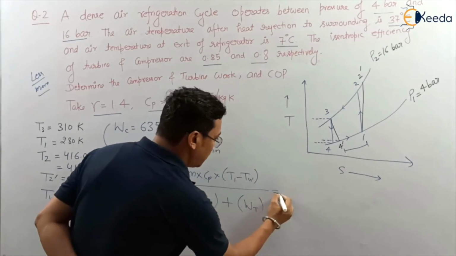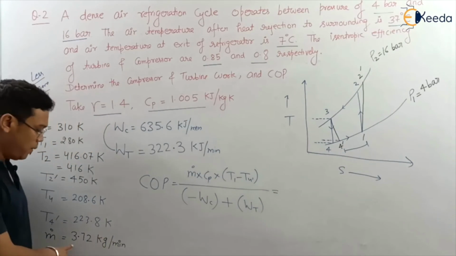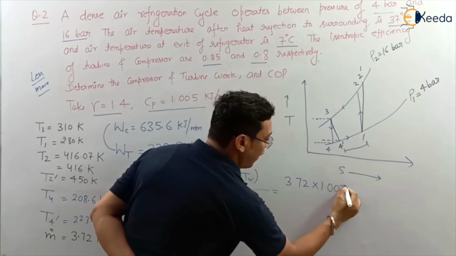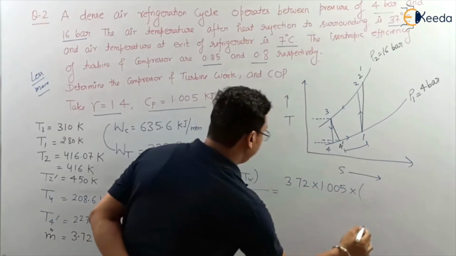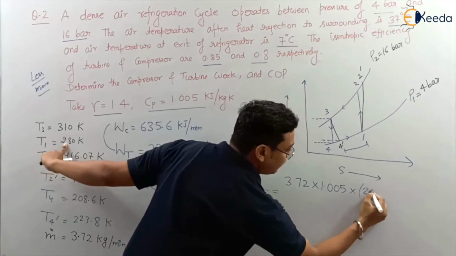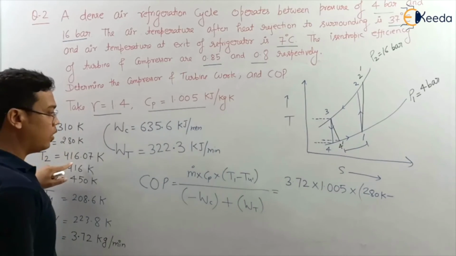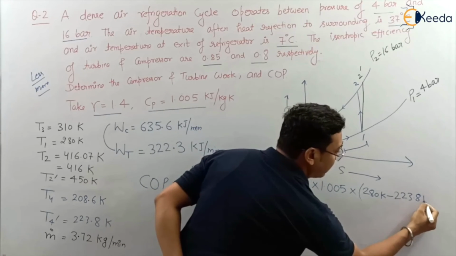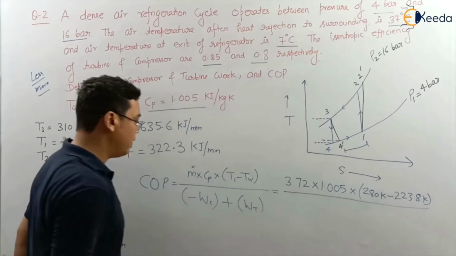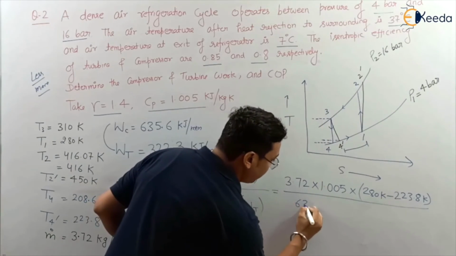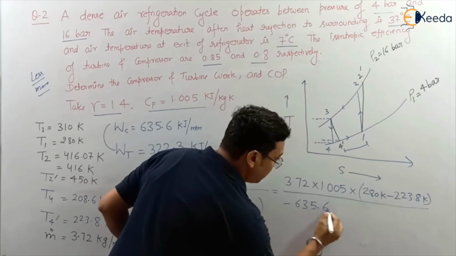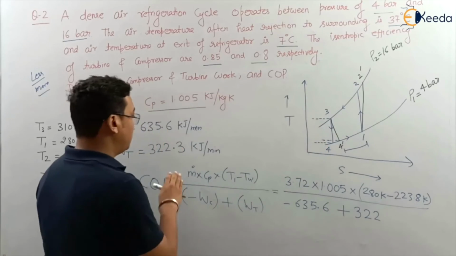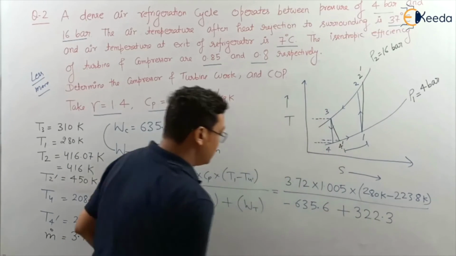If I put all these values, mass flow rate is 3.72. 3.72 into 1.005 into (T1, which is 280 Kelvin, minus T4 dash, which is 223.8 Kelvin), divided by minus WC, which is 635.6, plus WT, which is 322.3.